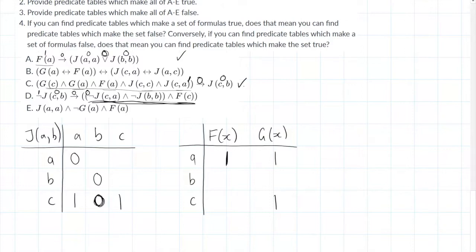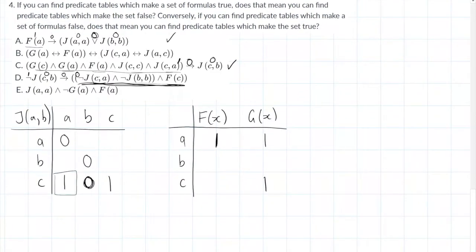So I wonder if I can come back to D over here, and remember I needed at least one of these to be false. Do I have some more information about that? Well, here's an example. I've got JCA over here that I filled out now, and that is true.